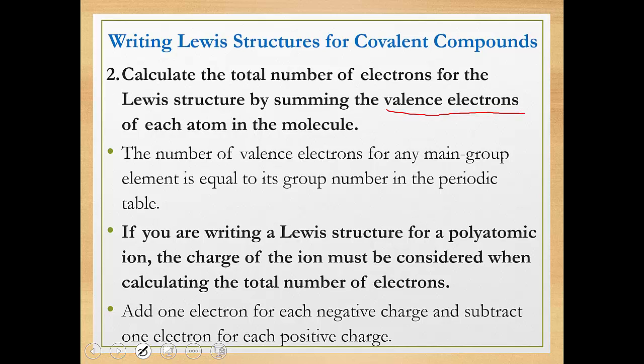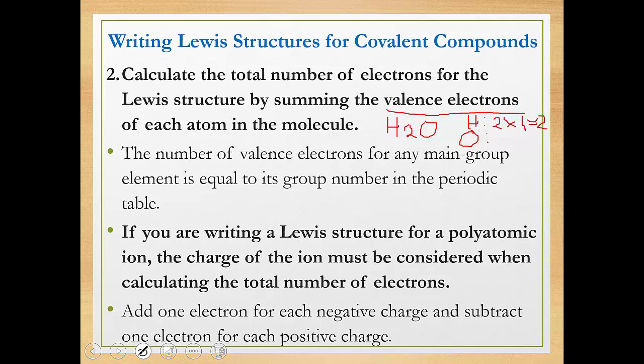So, for example, if I am looking at H2O, for hydrogen I have 2 atoms, and each one has 1 valence electron. So I have a total of 2 valence electrons for hydrogen. Oxygen, now this is where you have to be careful. What a lot of people want to do is go back to the atomic number or the atomic mass.